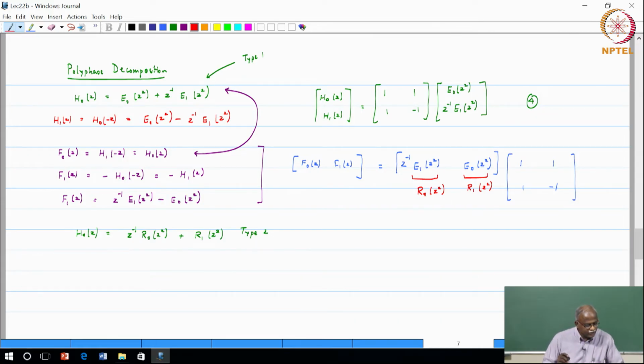So, what I would like to do is redraw the figure for you. The two channel maximally decimated filter bank with polyphase decomposition can be drawn in the following manner: E0 of Z squared, E0 of Z squared, Z inverse E1 of Z squared, E1 of Z squared.